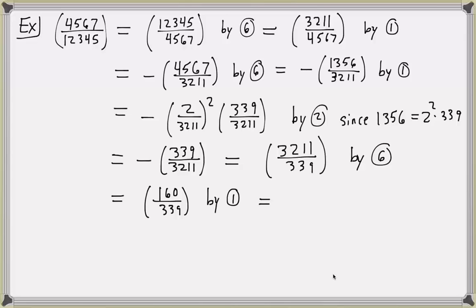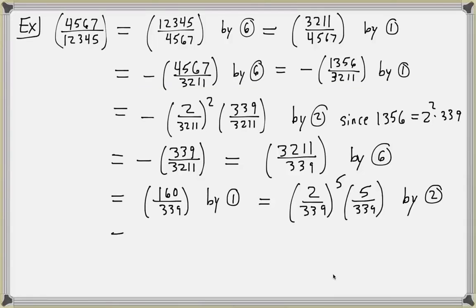So this will equal 2 over 339 to the power 5 times 5 over 339 by property 2. And using property 5 of Jacobi symbols, we see that the Jacobi symbol 2 over 339 will equal negative 1. So this equals negative 1 to the 5th power times 5 over 339.